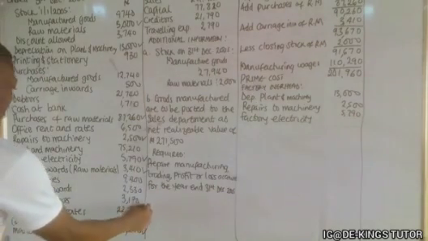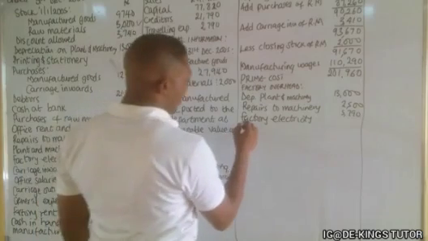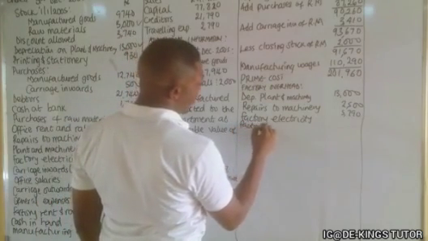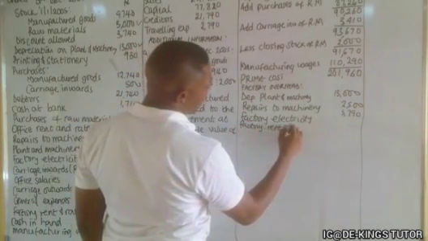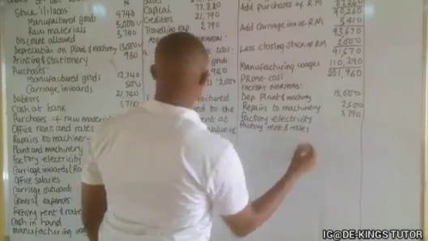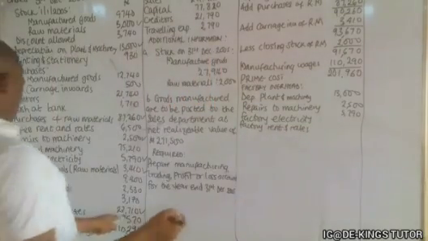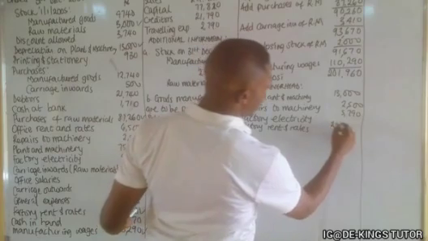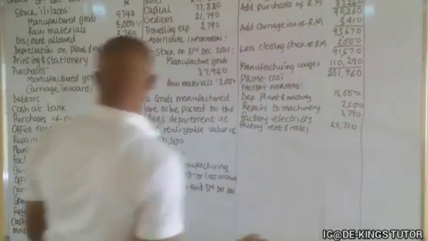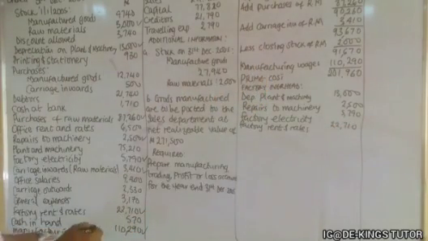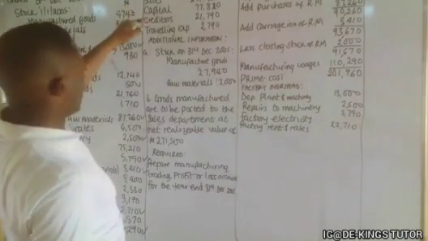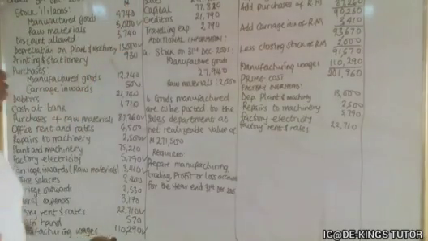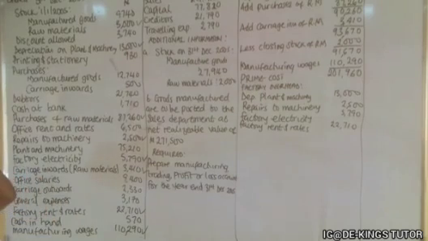Factory rent and rates, 22,710. Another one. Okay, that's all for the factory overhead.